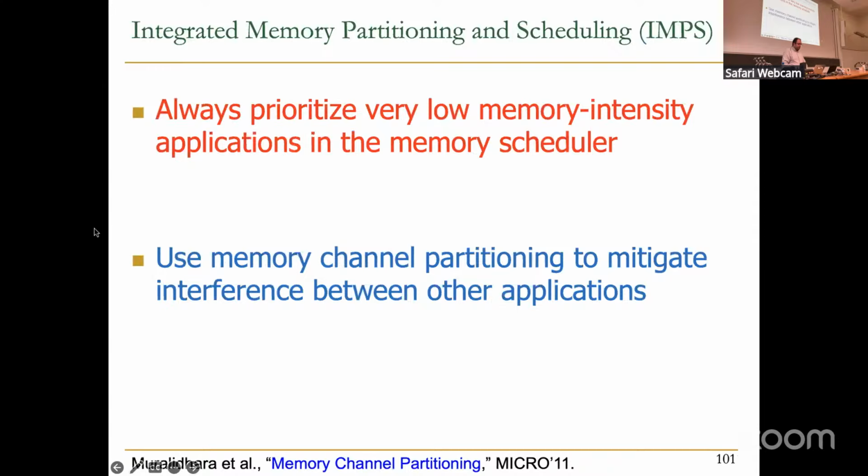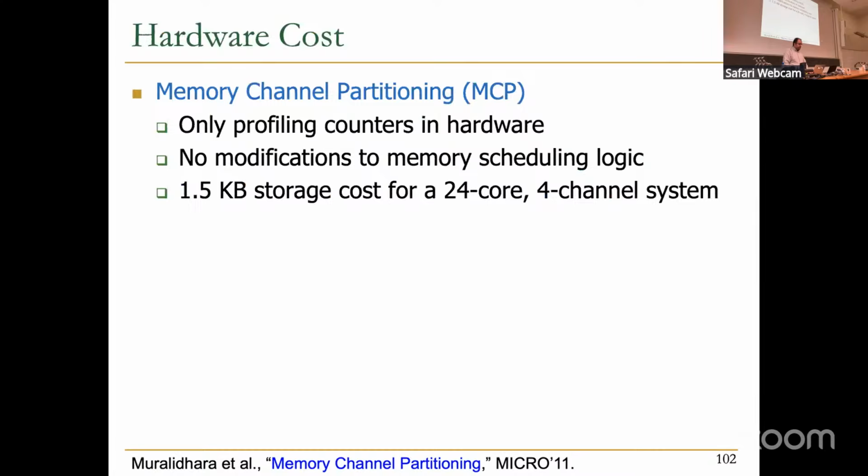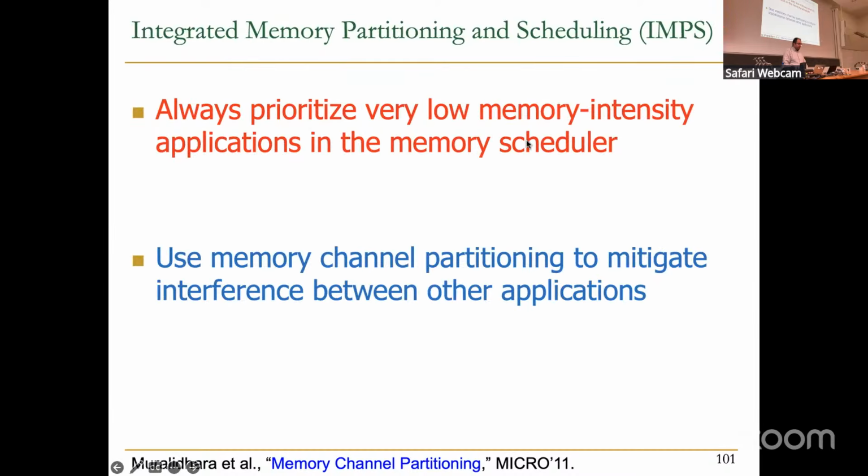So now we can improve this work and come up with integrated memory partitioning and scheduling techniques. Now we can benefit from both approaches, dumb resources and smart resources. Was that smart? We can always prioritize very low memory intensity applications in memory scheduling, and we use memory channel partitioning to mitigate the interference between the other applications, which are memory intensive.